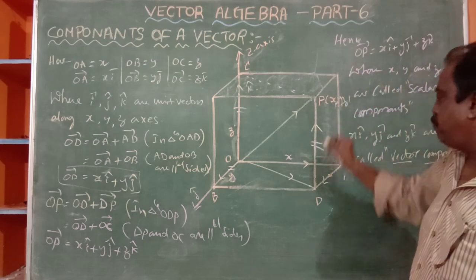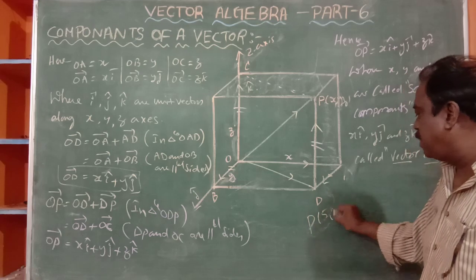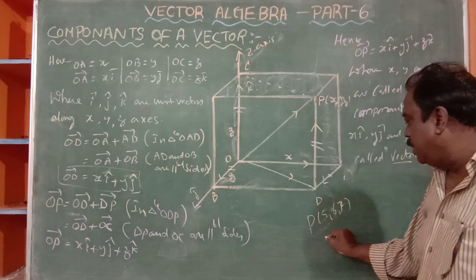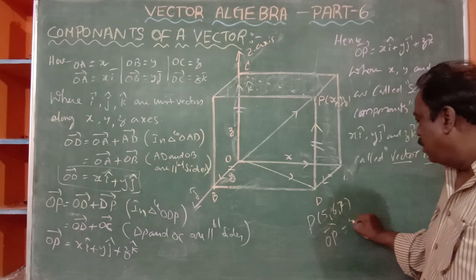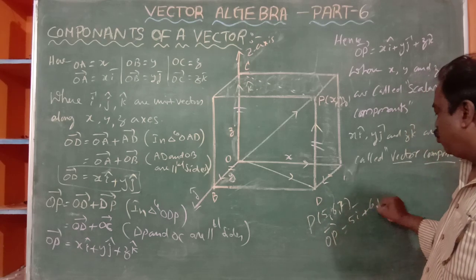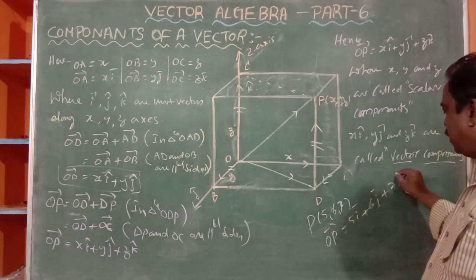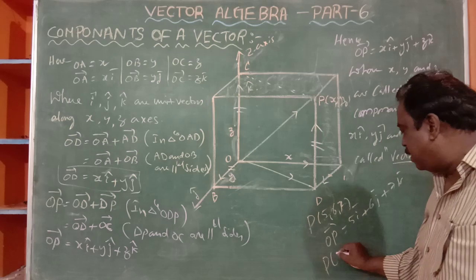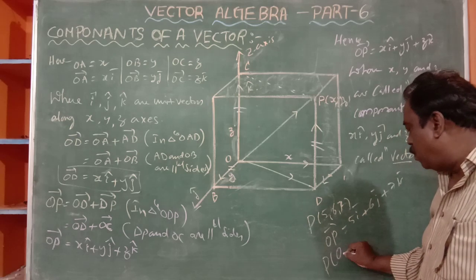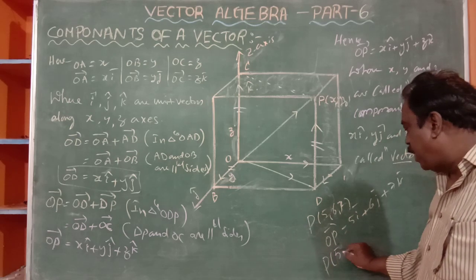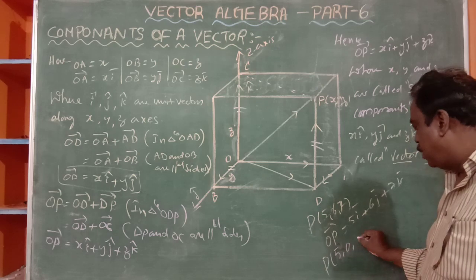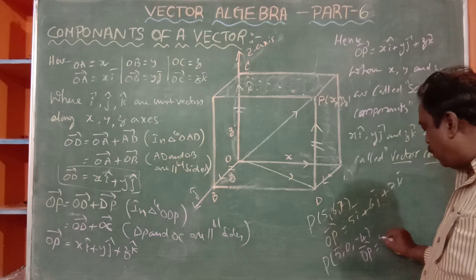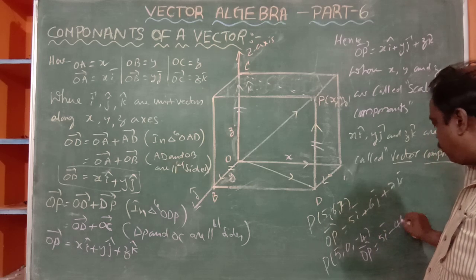Whatever it may be, for any position vector of a point P whose coordinates are given, we can easily write it. Suppose P is a point 5, 6, 7. Then OP bar is 5i plus 6j plus 7k. Suppose P point is 5, 0, minus 4. Then OP bar is equal to 5i minus 4k.